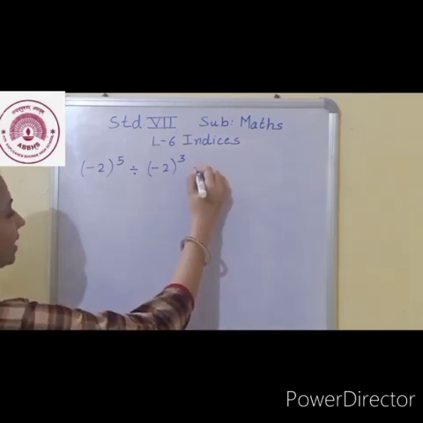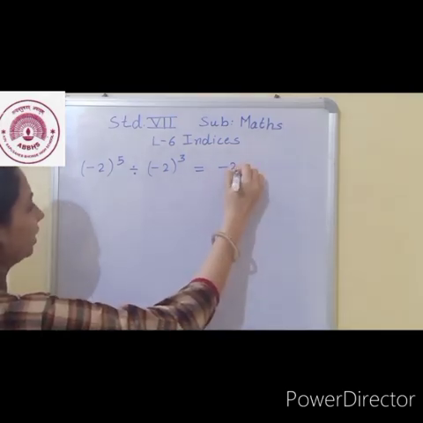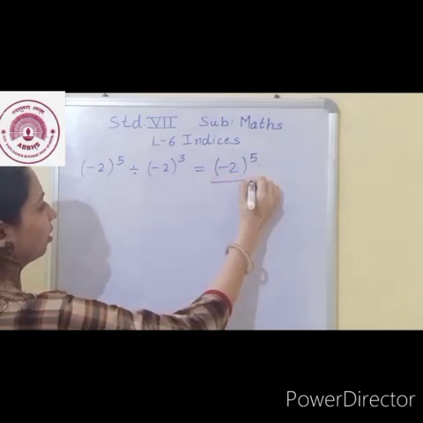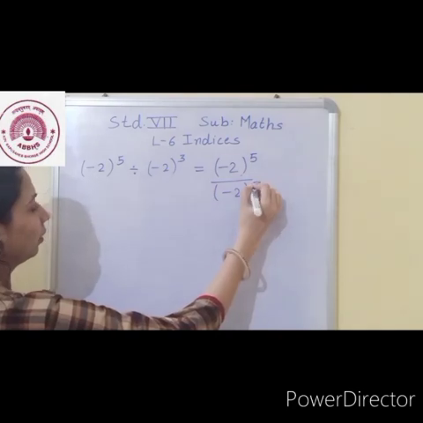So, as these indices are in division, it can be written as minus 2 raised to the power 5 divided by minus 2 raised to the power 3.